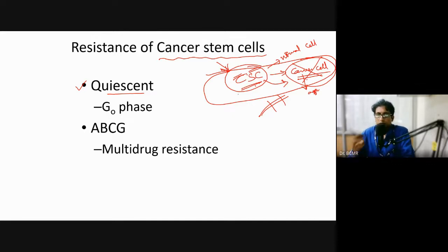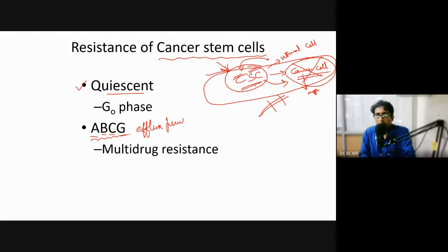Similarly, if you are using some chemotherapy, which uses small molecules, they may enter in. But as we discussed, many of the cancer stem cells also have high expression of ABCG2, an ATP binding cassette efflux pump, right? I hope you remember this from when we discussed how to characterize side populations.